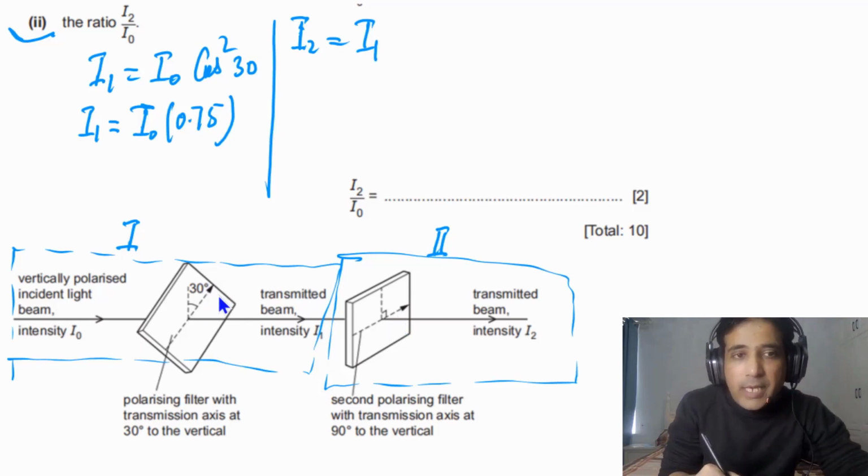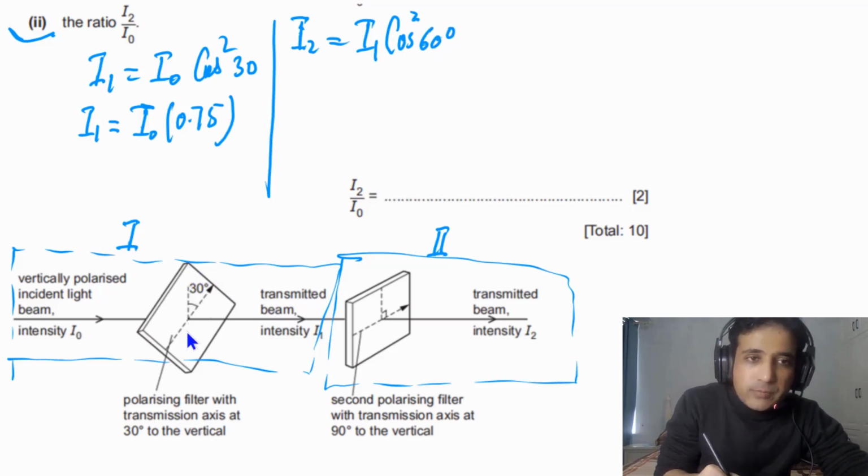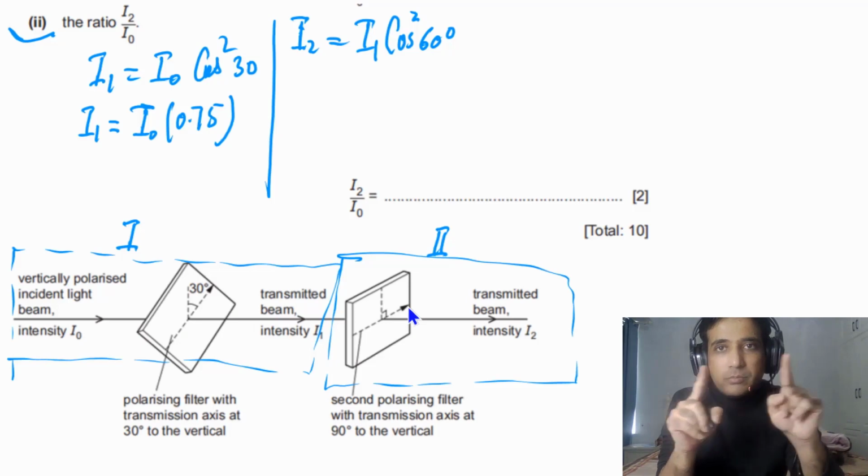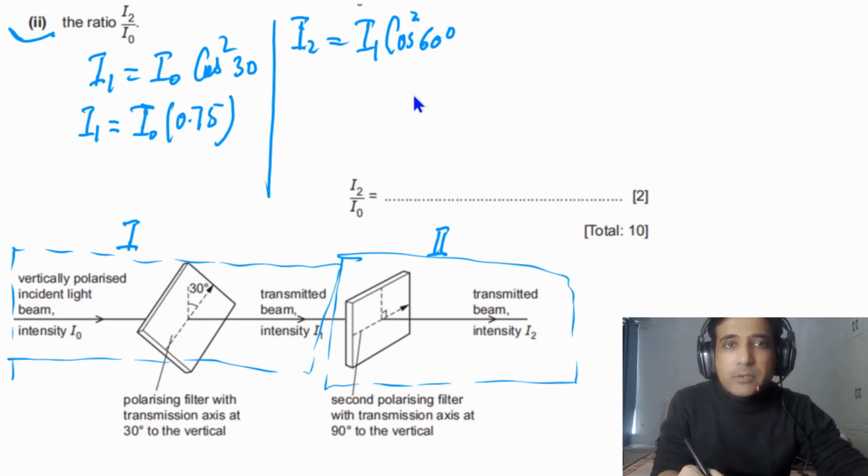So the angle between these two transmission axes is equal to 60 degrees.